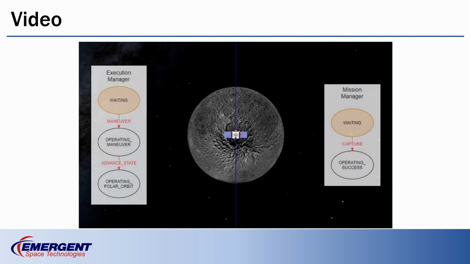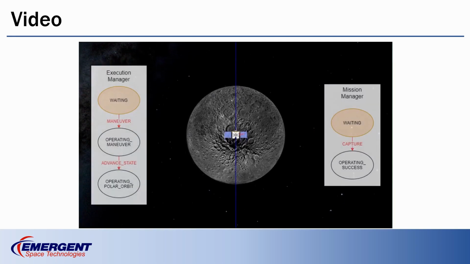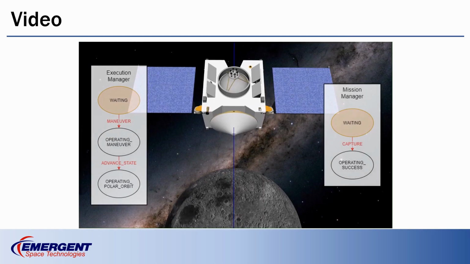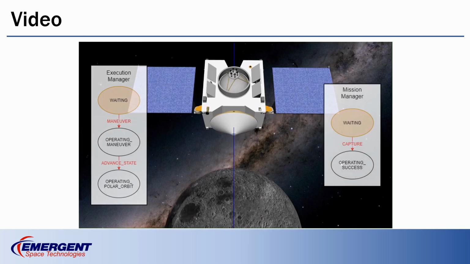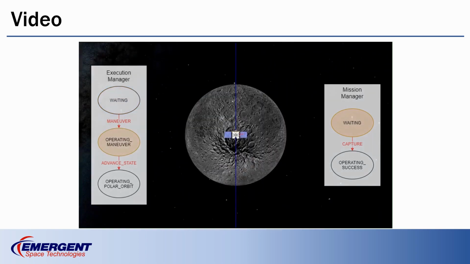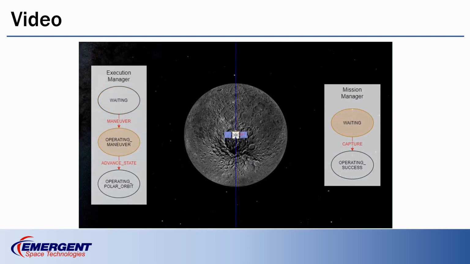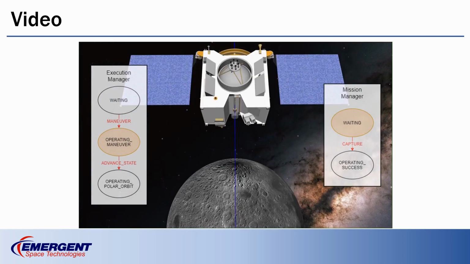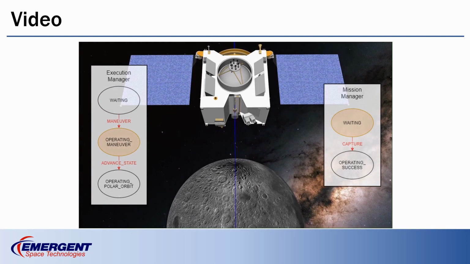Here's the visualization of the Cislunar mission. To the left and right, we have the state trees for Execution Manager and Mission Manager. The active state is highlighted, and you'll see them transition as the mission evolves. Initially, we're on this parabolic polar trajectory. Once the Execution Manager detects that the mission has reached a set of coordinates, it transitions to this operating maneuver state, sends a message to Timeline Manager.